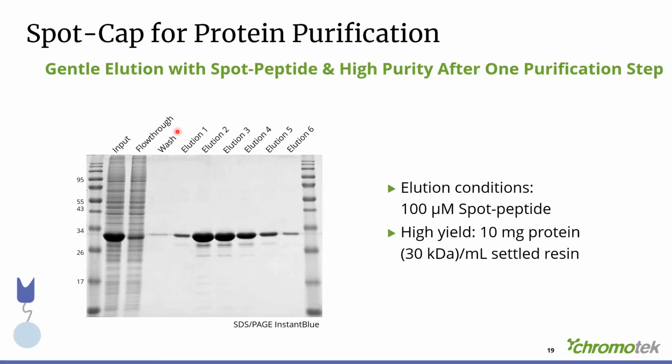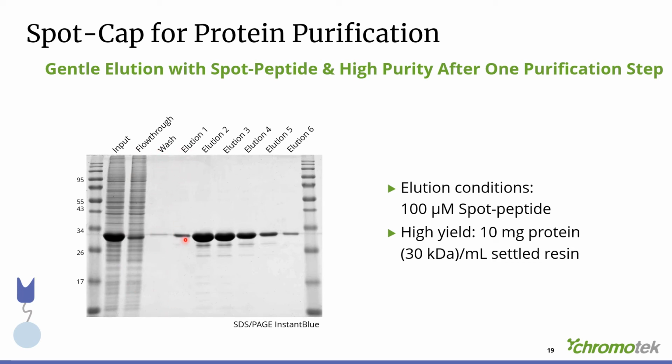What you can see here is an SDS-PAGE of the elution of a Spot-tagged protein with Spot peptide, and you can see here the input, the wash or flow-through, the first wash.